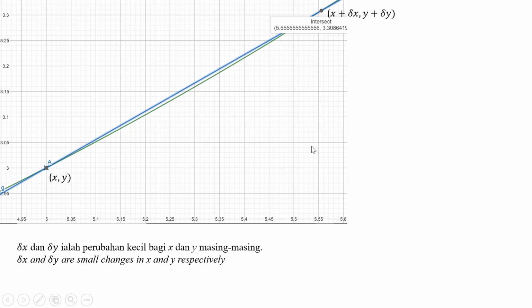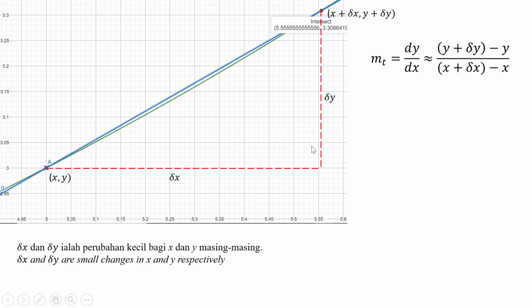Therefore, the gradient of the tangent, which is specifically dy by dx, I need to use del y del x to find the approximate value. So if you take y plus del y minus y over x plus del x minus x, it is like y2 minus y1 over x2 minus x1.